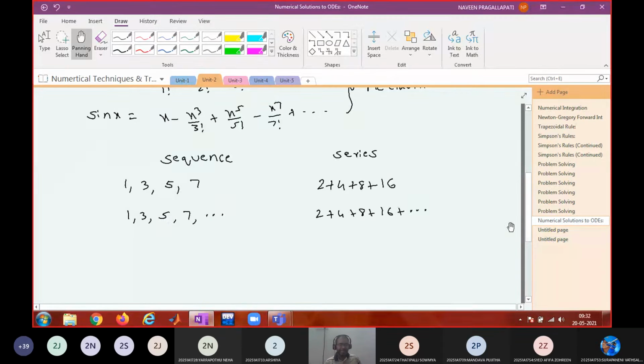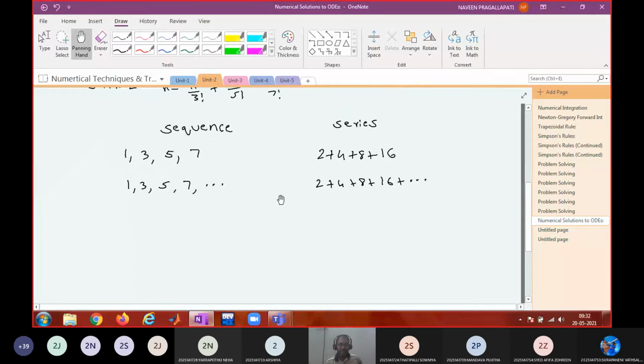Do you agree? Okay. So 1 plus 1 by 2 plus 1 by 2 square plus and so on. If I write like this, this infinite series has a sum, but this infinite series does not have a sum. Agreed or not?